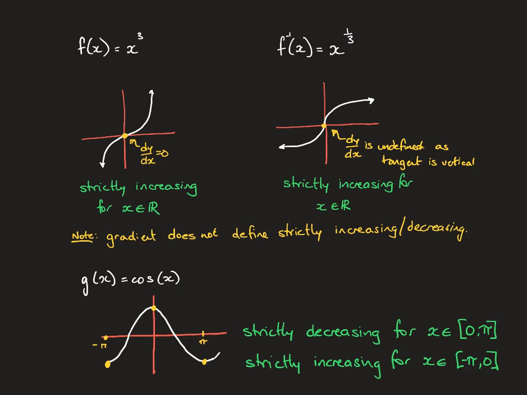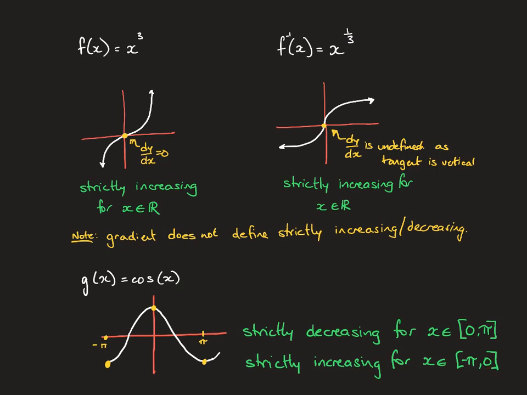Now the weird part is, if we go to the other side and go from minus pi to 0, what we've got is an increasing function, and the point at x equals 0 actually belongs to the section of the graph that is both strictly decreasing, so it includes 0, and strictly increasing, so it includes 0.